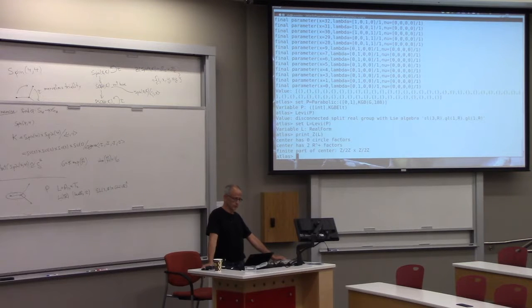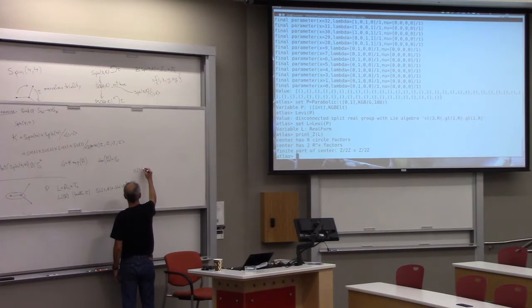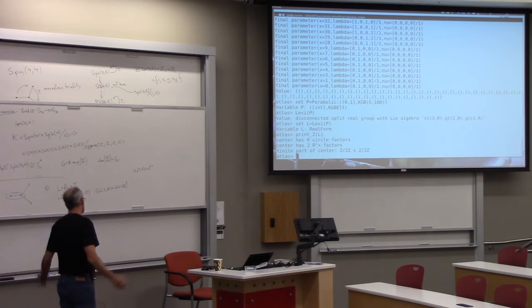It sure looks like SL3 cross GL1. I don't think it's possible if, well, SL3, the center has order 3. Well, SL3C. Yeah. So I think it's forced to be this. I mean, it's certainly a quotient of SL3C cross C cross squared, and I'm pretty sure it's forced to be this.